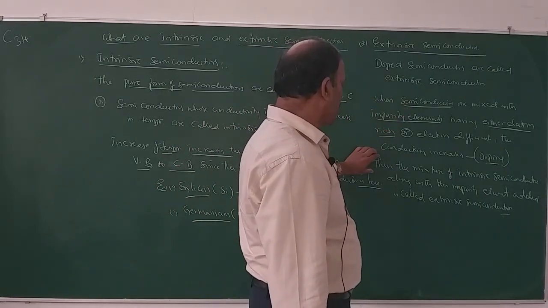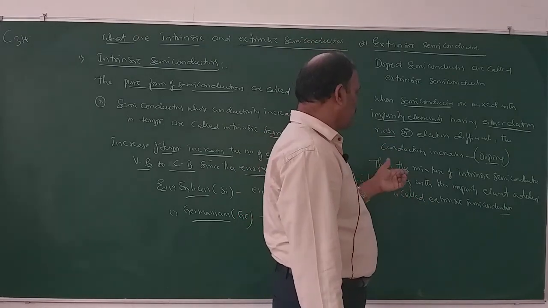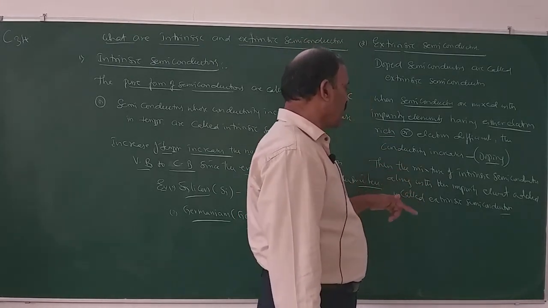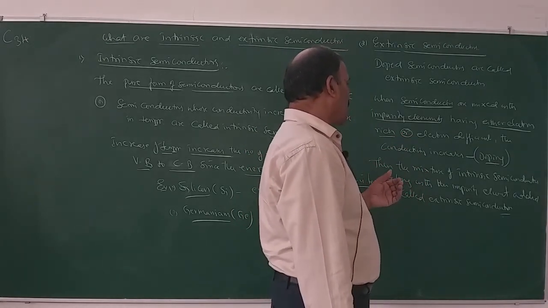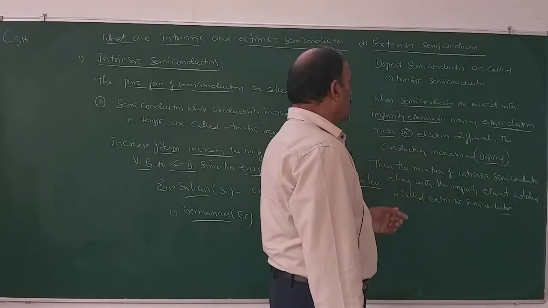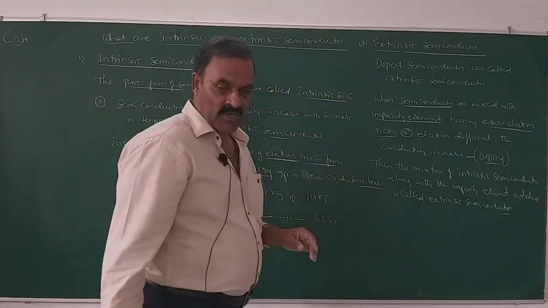So intrinsic semiconductors mixed with impurity elements which are either electron rich or electron deficient is called doping, and doped semiconductors are called extrinsic semiconductors.